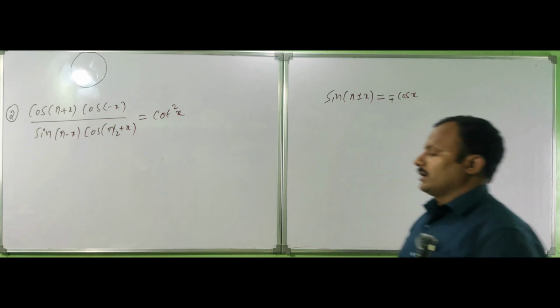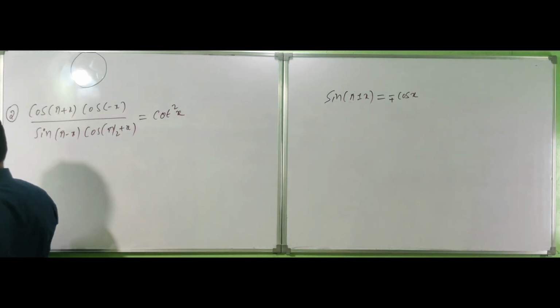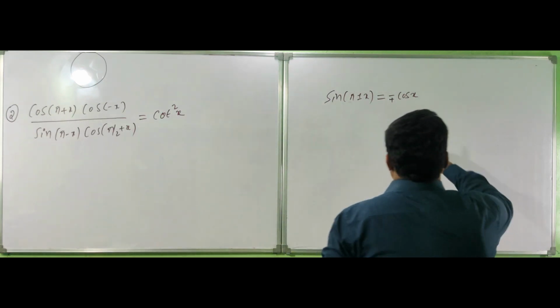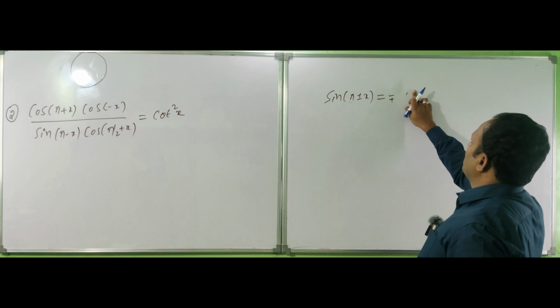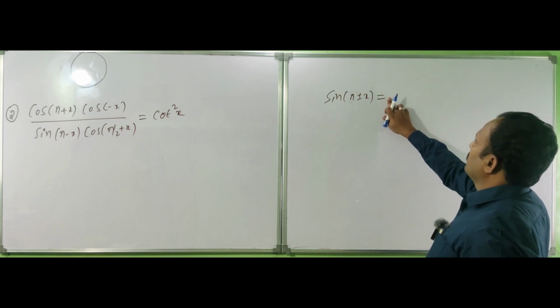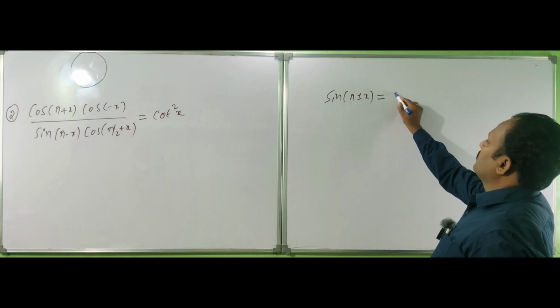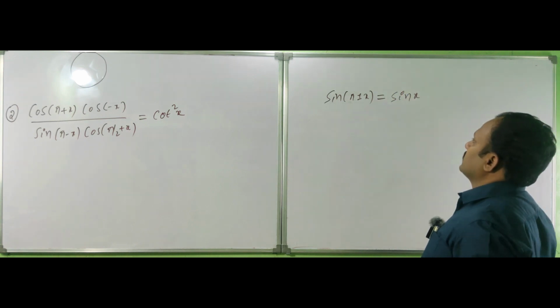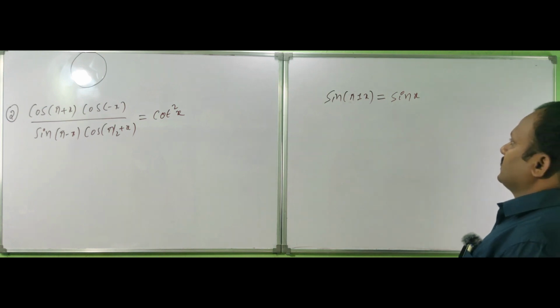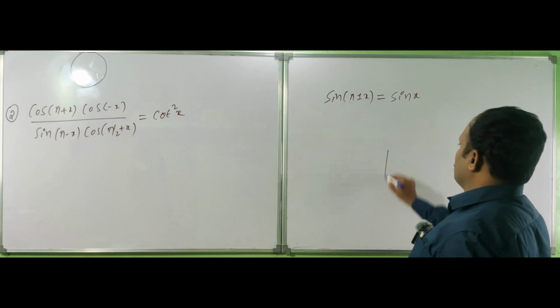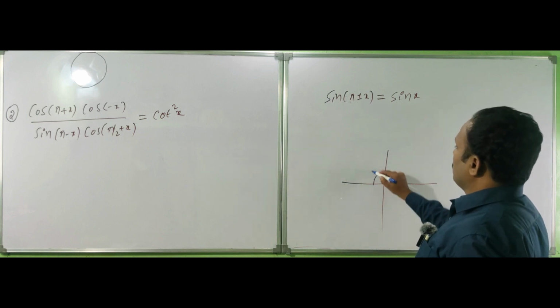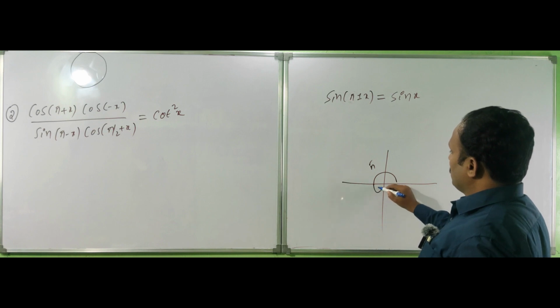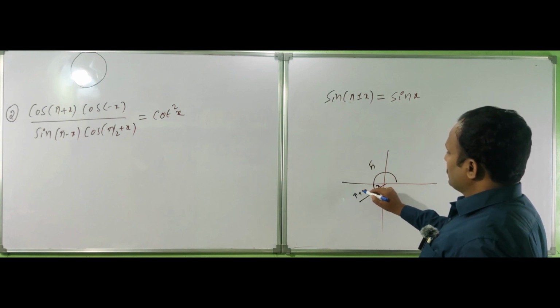Now sin(pi minus x) gives sin x; the function stays the same. Here, this is the pi, this is the x, and this becomes pi plus x.